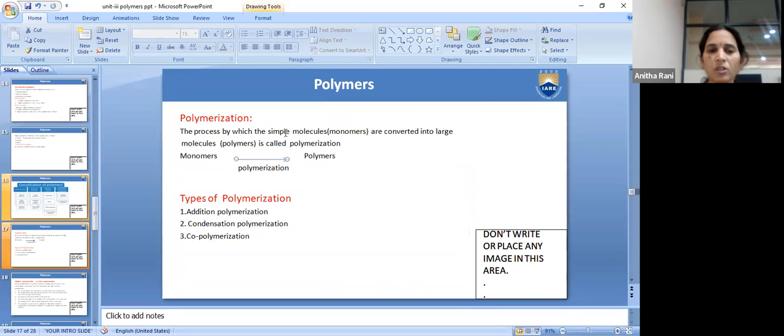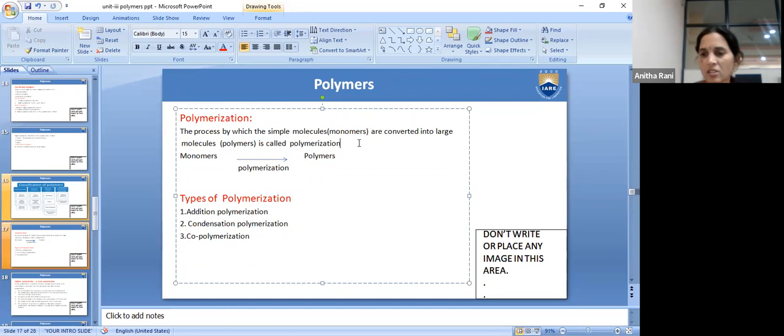So what is polymerization? Polymerization is the process by which simple molecules, in brackets write monomers, are converted into large molecules.